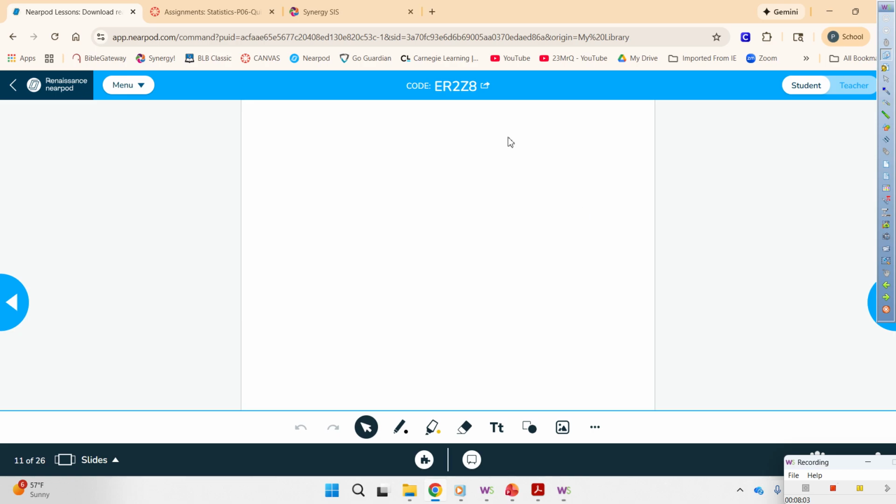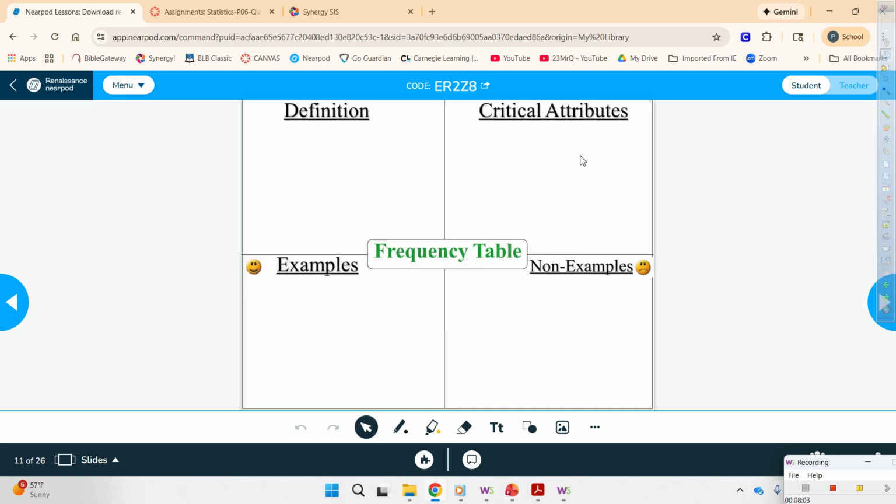Frequency table. What does a frequency table need to have? Write it in critical attributes and tell your neighbor. Ten seconds. 9, 8, 7, 6, 5, 4, 3, 2, 1.